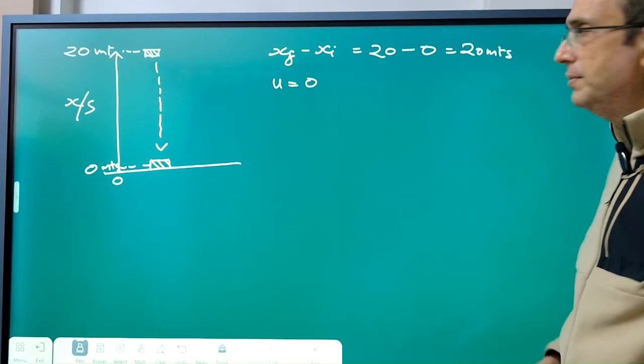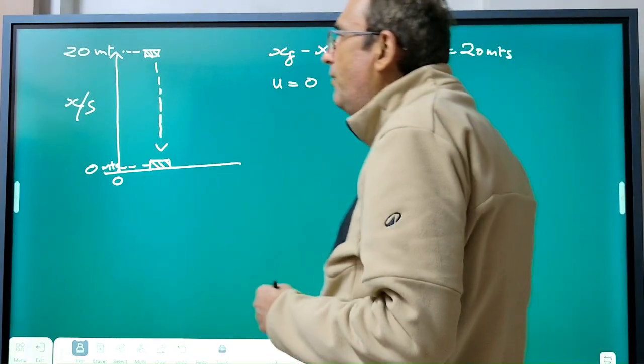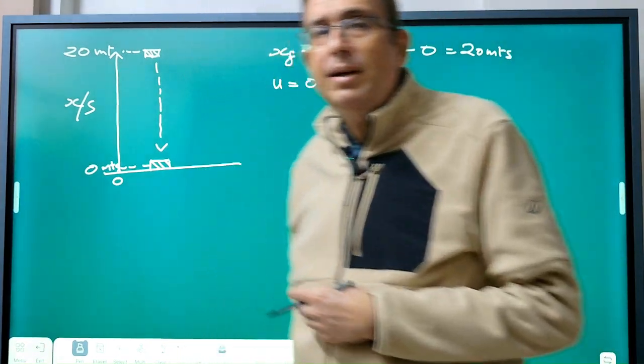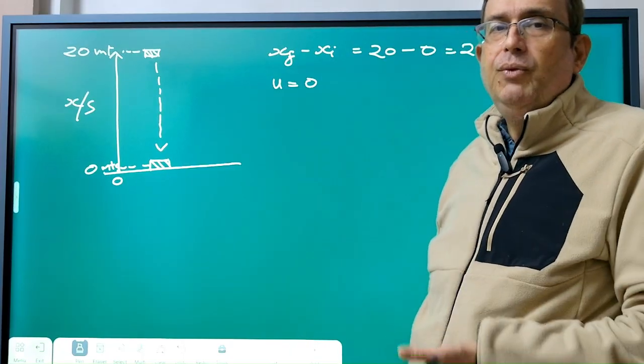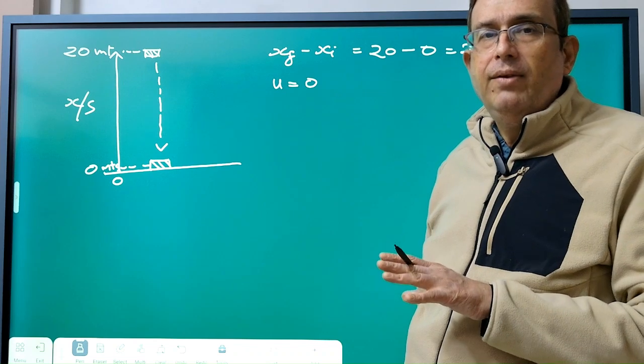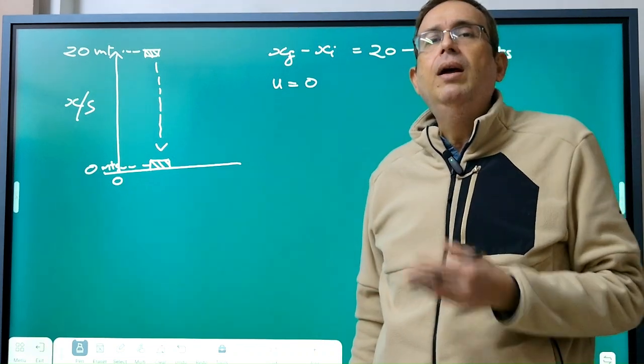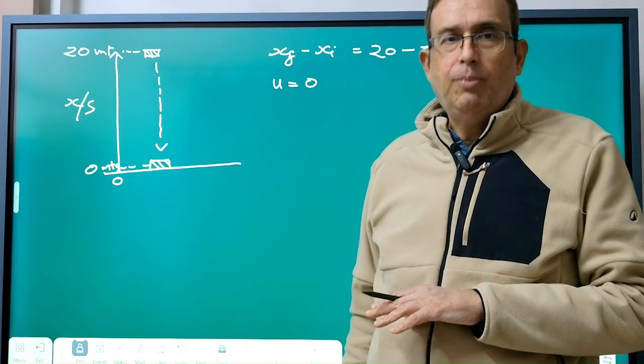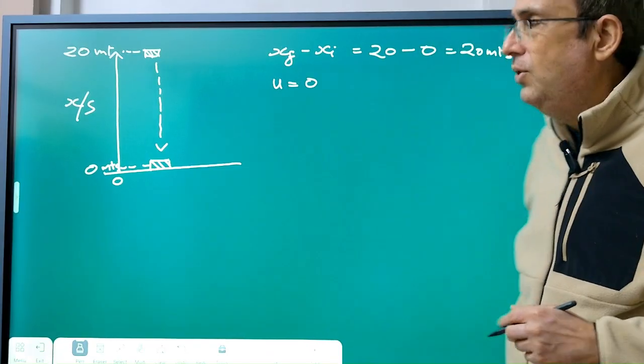This is the question, and we will use two different sign conventions. One of them is the sign convention in which upward is positive and downward is negative, and the other where upward is negative and downward is positive. So let us first use the first one.